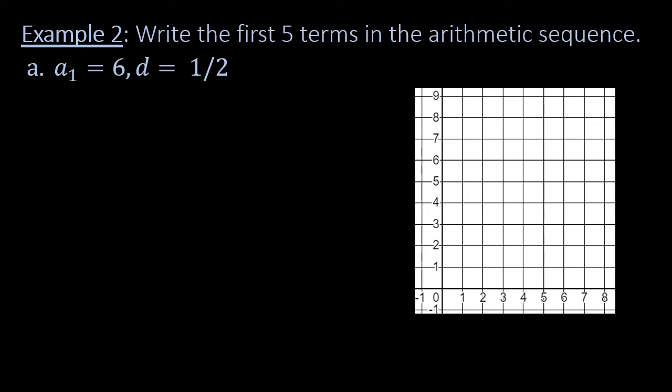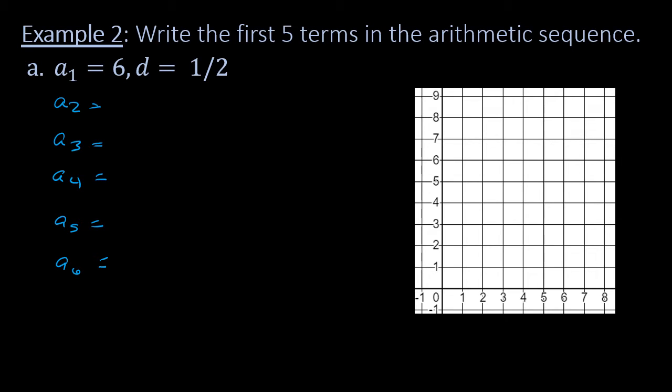Okay, so example 2, write the first 5 terms in the arithmetic sequence a sub 1 equals 6 and d is 1/2. So I have the first term, and I want the second term, the third term, the fourth term, the fifth term, and the sixth term.